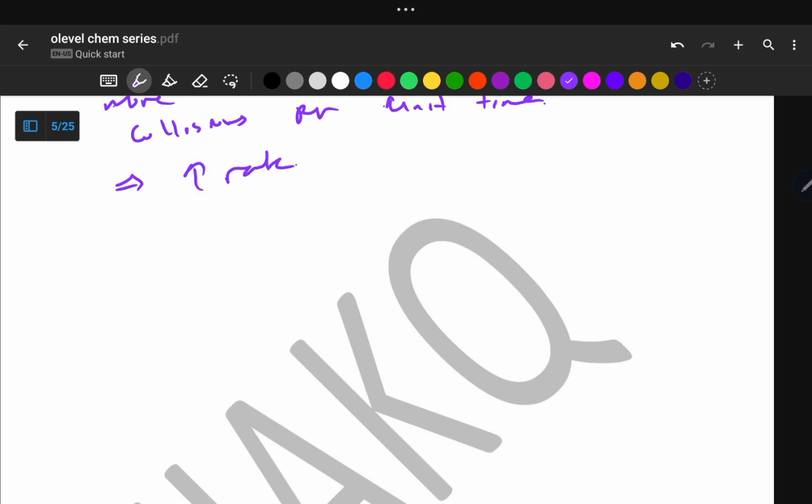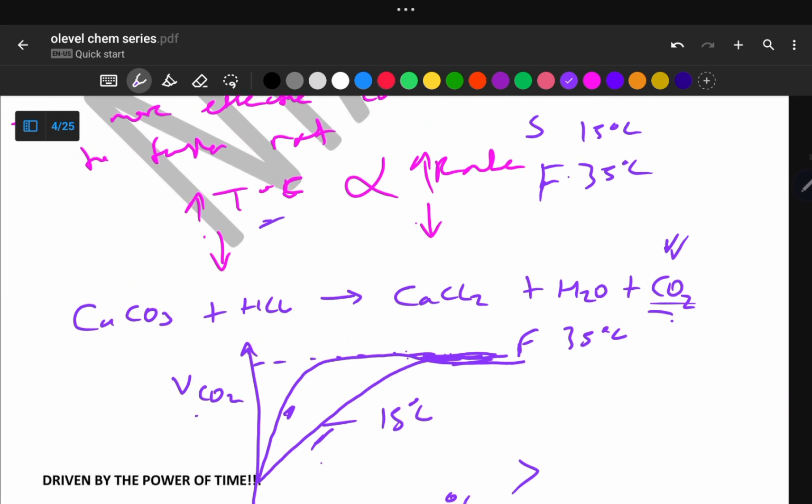And then we go on to explain. For this, we can be told that we have hydrochloric acid with a concentration of 1 mole per cubic decimeter, and then this one with 3 moles per cubic decimeter concentration. The one with the higher concentration is going to be faster, so this one is going to be faster, and this one is going to be slower.